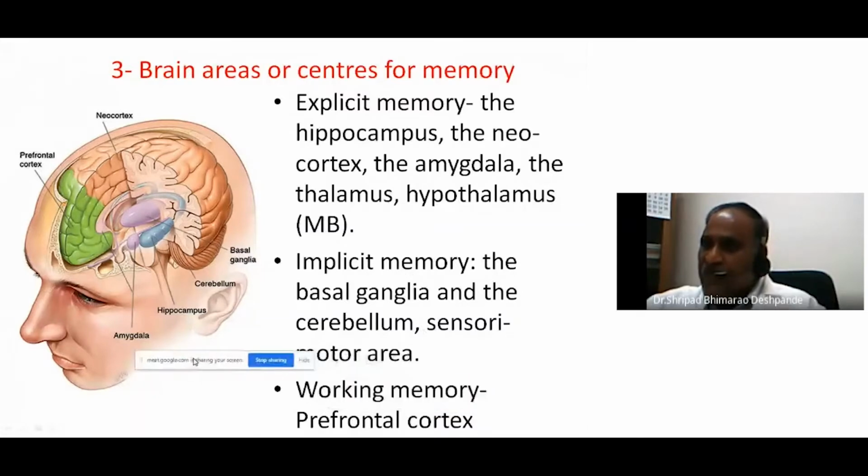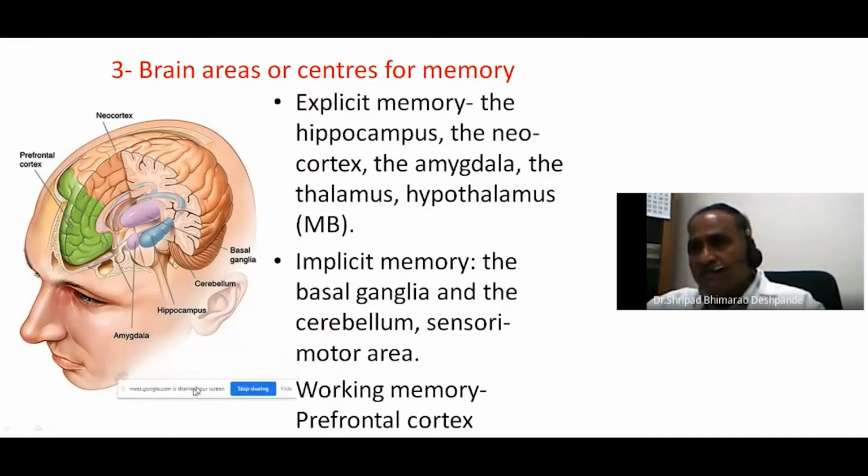Then for working memory, we require the prefrontal cortex and basal ganglia. Working memory is primarily prefrontal cortex, and it lasts only a very short time, less than a second. You forget about it; it is just storing and then forgetting, because we don't have space in the brain to retain all the information.